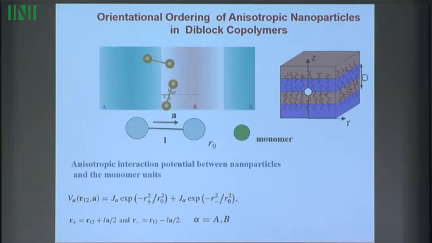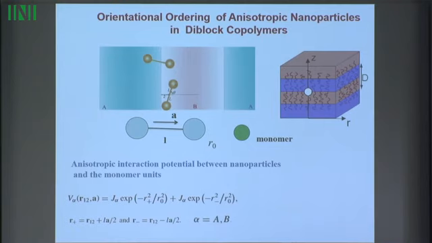There, of course, if it is sufficiently small, then it doesn't feel the boundary, so it can't be orientationally ordered. So there is no orientational order, and then it doesn't contribute to the anisotropy, not interesting for us. But if it is close to the surface, then you see, for example, its center is here, and then it is restricted because this ball doesn't want to go into the block A. And so as a result, it is forced to be more or less parallel to the surface.